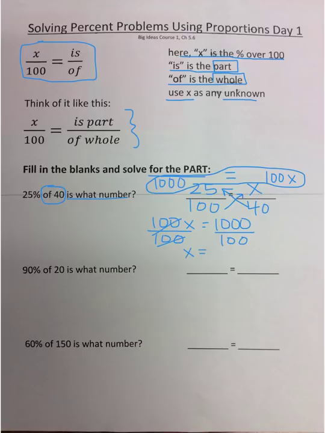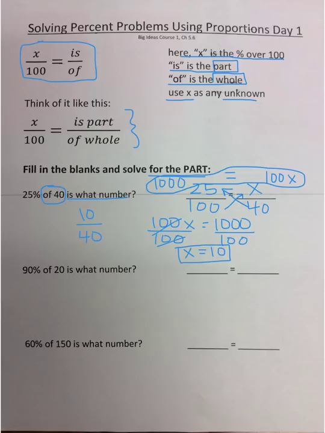And 1,000 divided by 100 is 10. And that's our answer. That means the is 10. So like a 10 out of 40 on a quiz would be a 25%. That's what that's saying.